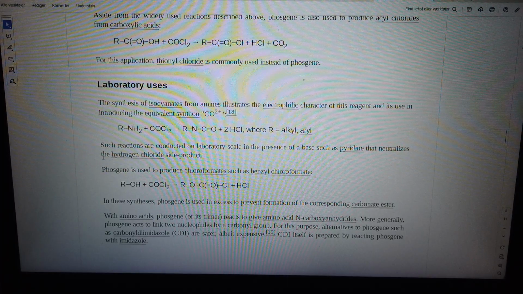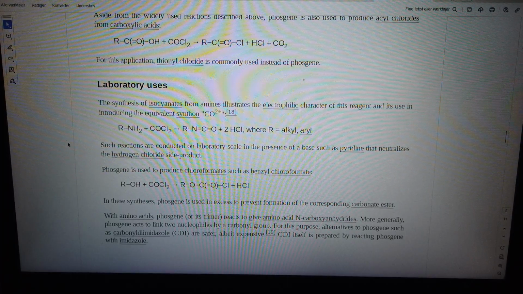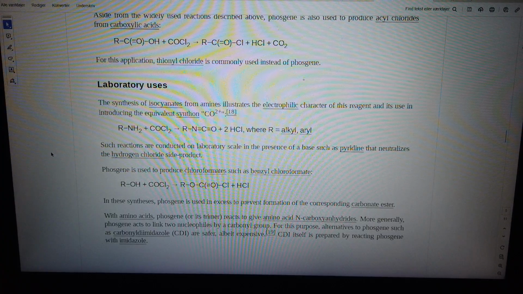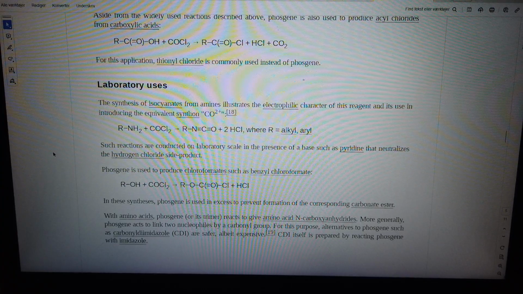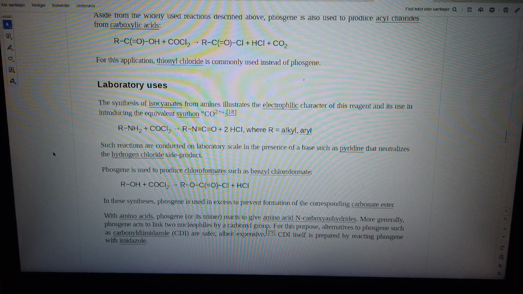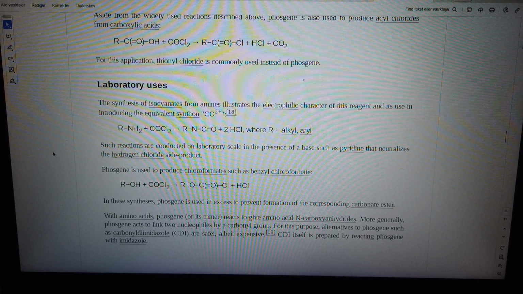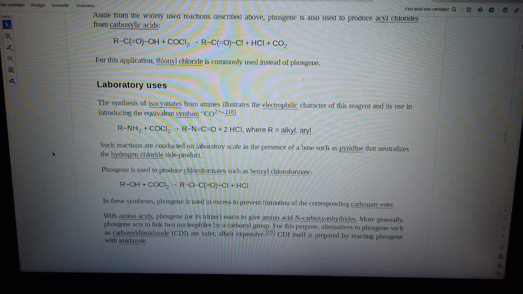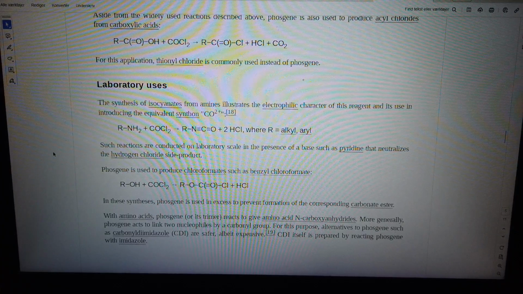Such reactions are conducted on laboratory scale in the presence of a base such as pyridine that neutralizes the hydrogen chloride side product. Phosgene is used to produce chloroformates such as benzyl chloroformate: ROH plus COCl2 gives ROC(=O)Cl plus HCl. In these syntheses, phosgene is used in excess to prevent formation of the corresponding carbonate ester.